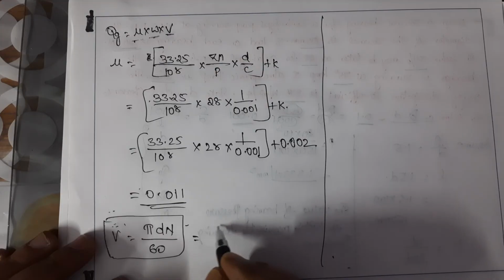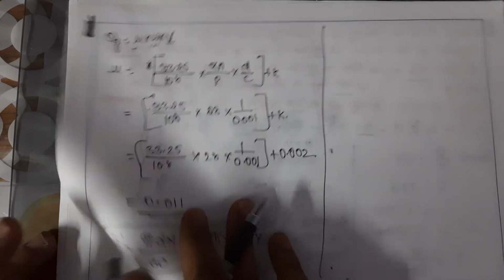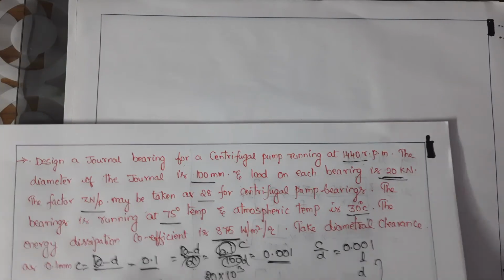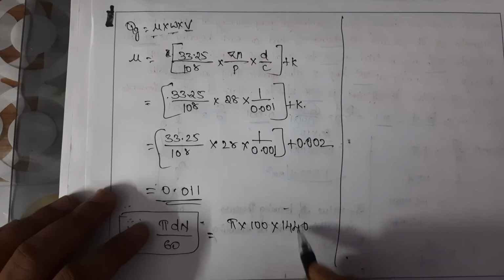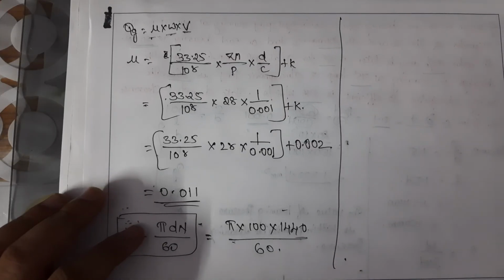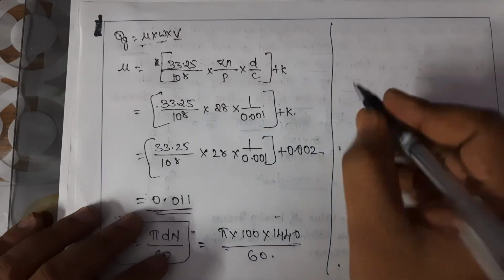So the pi into diameter he has given as 100 into the speed he has given as 1440 rpm, 1440 by 60. Okay, these are the values that we are having in the question, or that we need to solve.